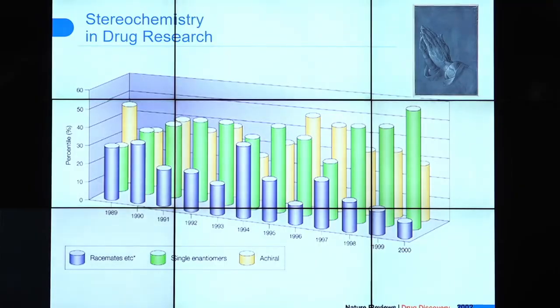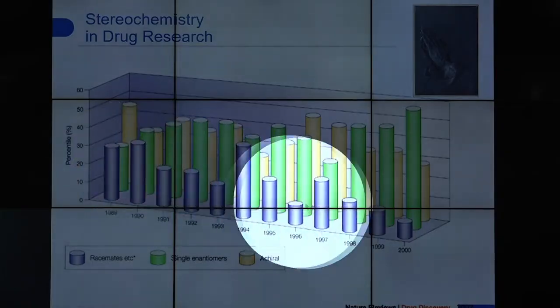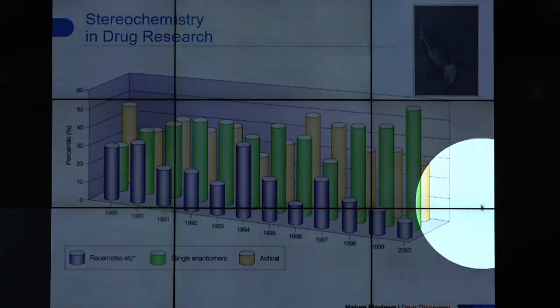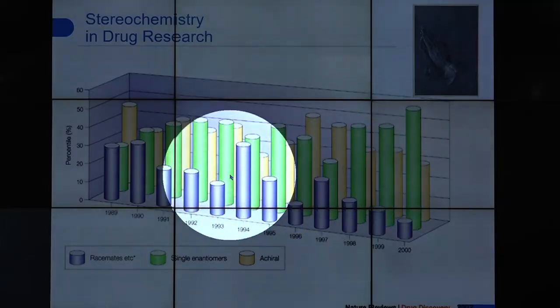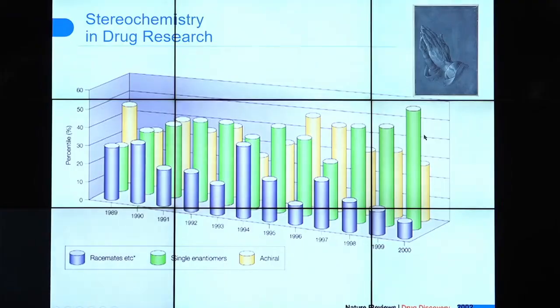Yeah? Here you see the number of racemic compounds, so with the racemic center, so not resolved into the stereoisomers, goes down and down, yeah? And the number of single enantiomers, they are slightly increasing during the time line we're having here. Yeah?